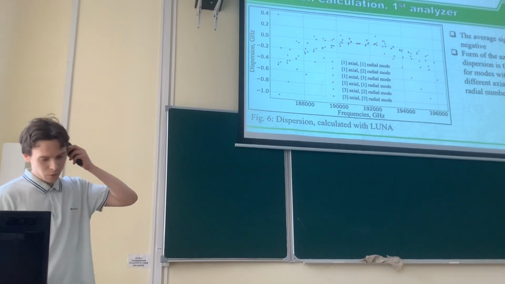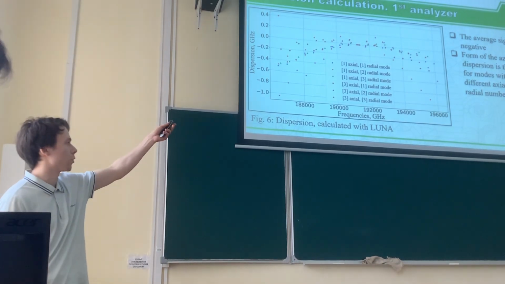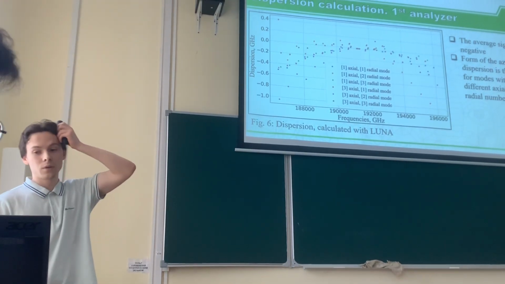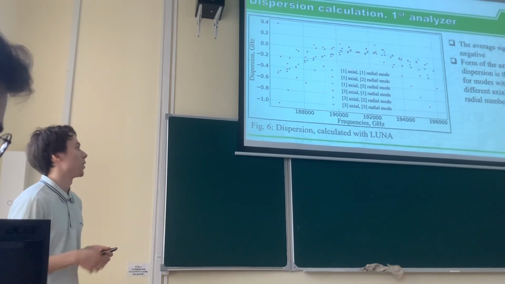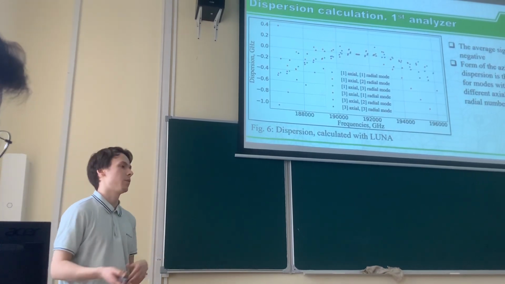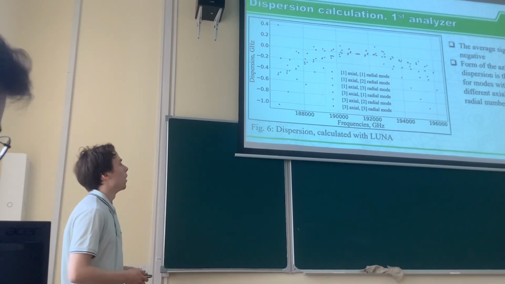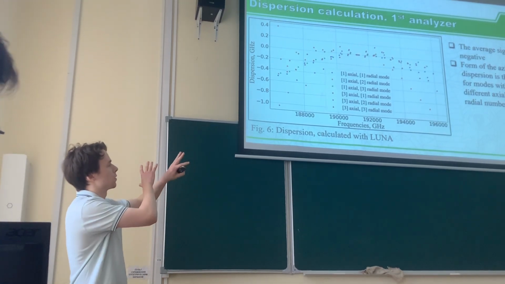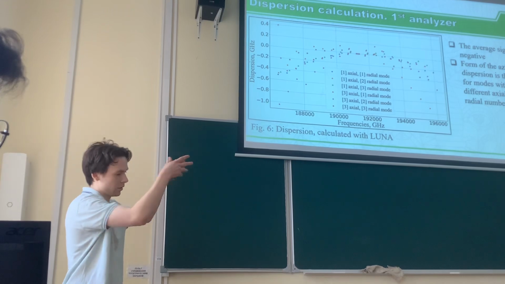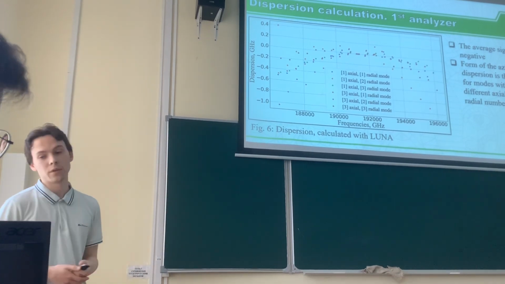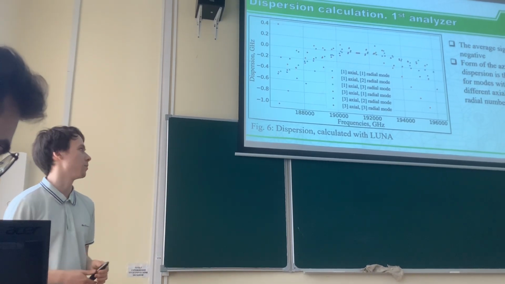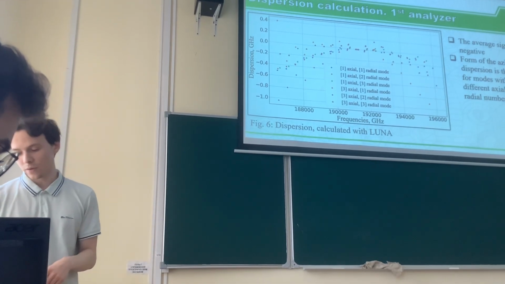The data that we obtained with the first one, you can see in the figure. The average sign of the calculated dispersion is negative. That means it is normal, and the form of these scatters is a parabola that coincides with the theory provided by my colleagues before in some clever articles.